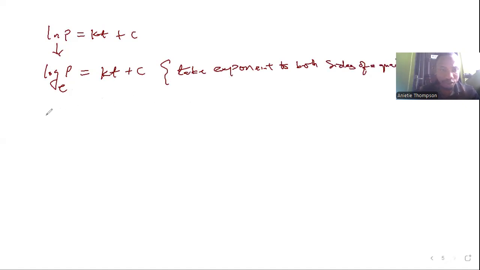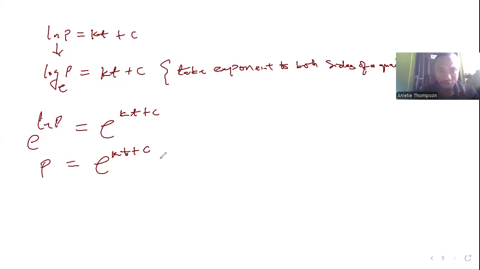We have exponential of ln p equals exponential of kt plus c. So exponential ln p is p. That means the population p equals exponential of kt plus c. Let's replace this plus with multiplication, obeying the law of indices. So we have exponential kt times exponential of c.